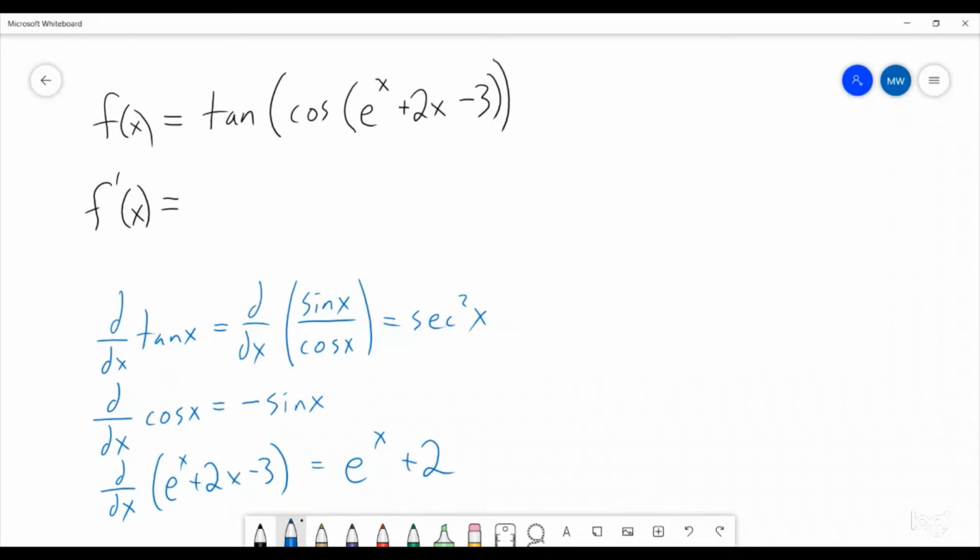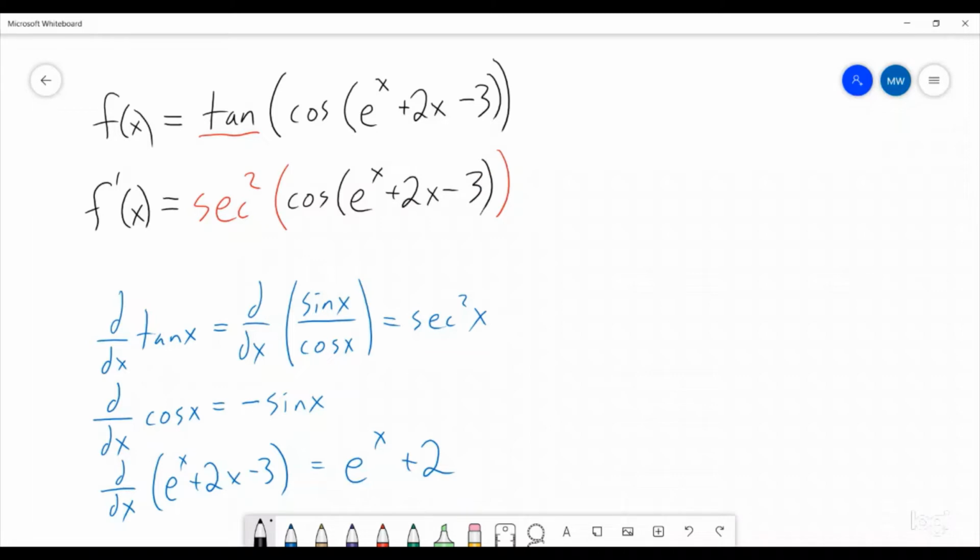So with all of those pieces together, how do we combine these to get the chain rule problem? Well, the derivative of tangent is going to give us secant squared, and everything else stays exactly the same inside. So the inside pieces do not change.